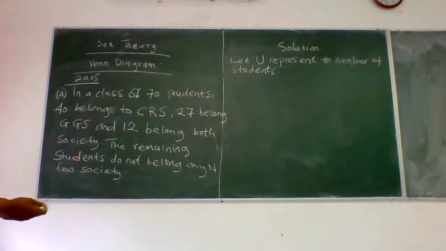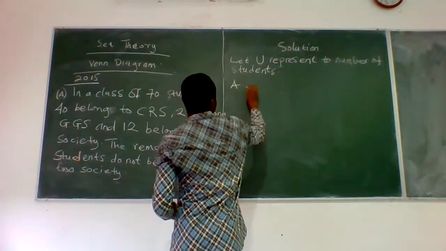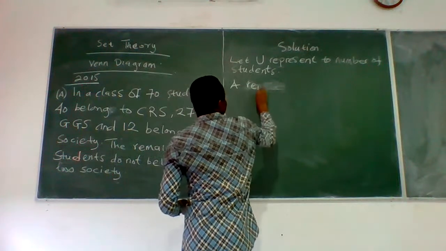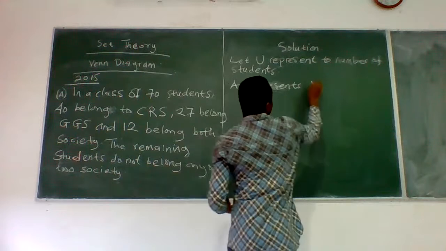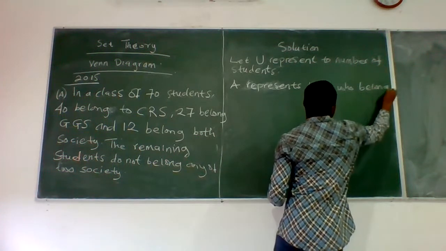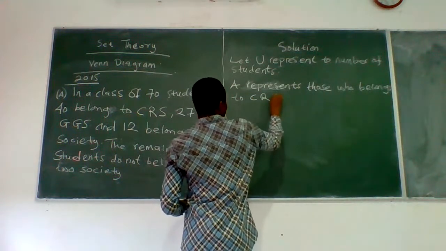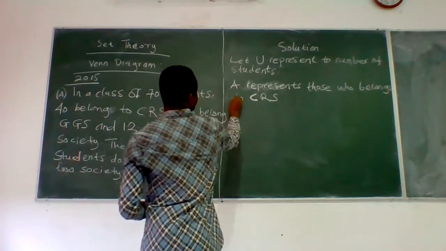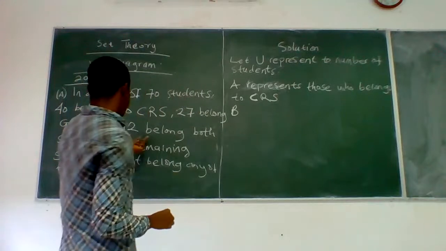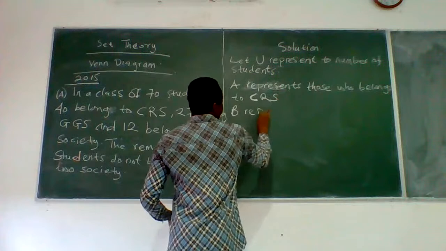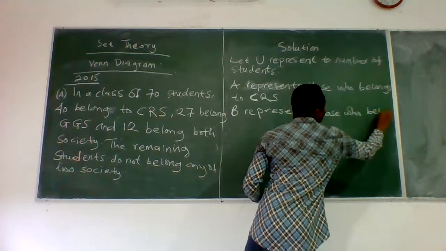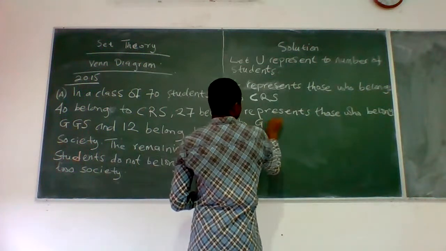And then we let A represent those who belong to CRS, and let B represent those in GGS.